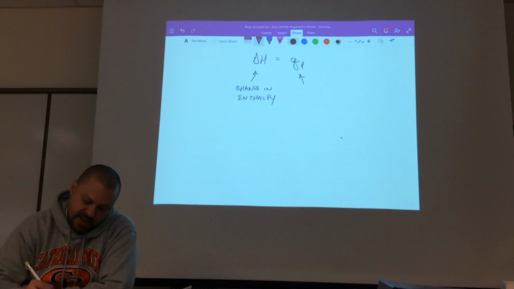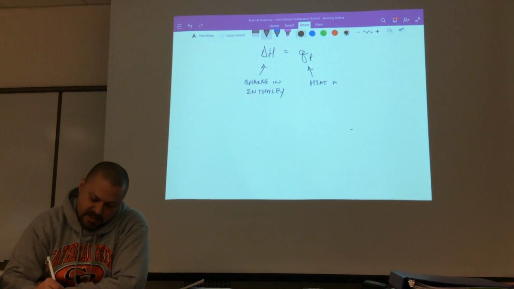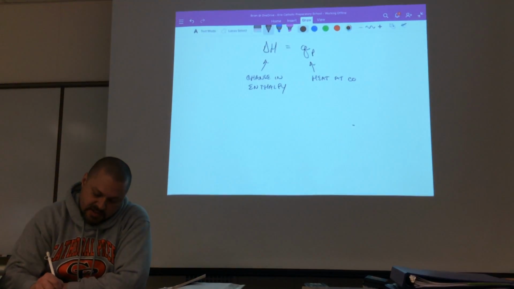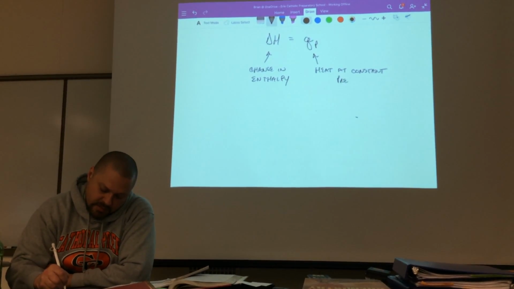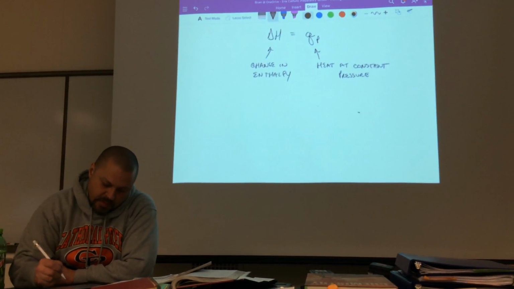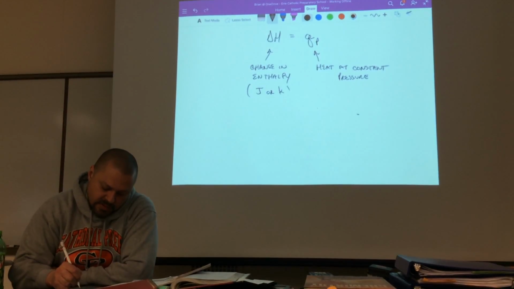This is heat at constant pressure. And both of these are measured in joules or kilojoules.